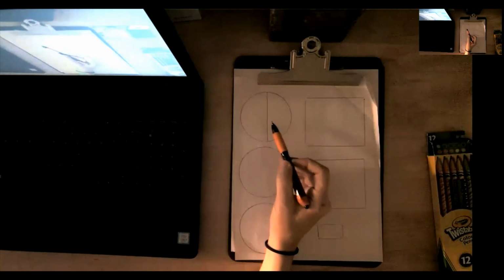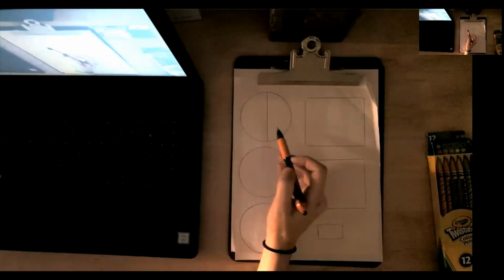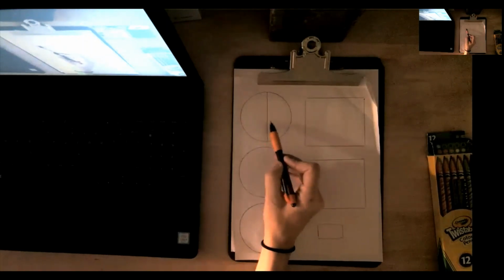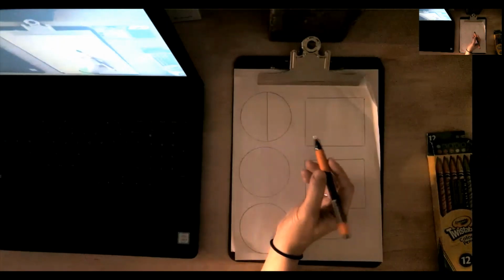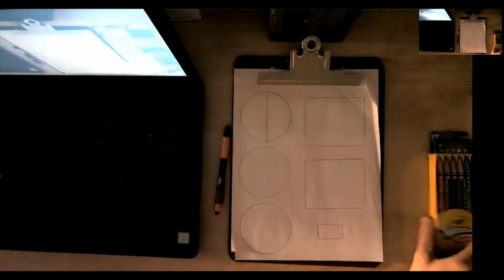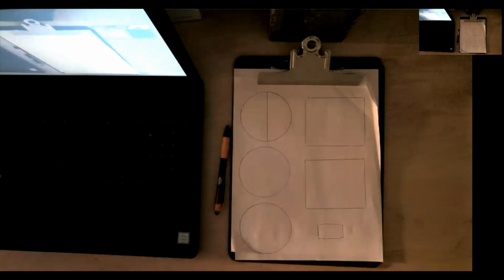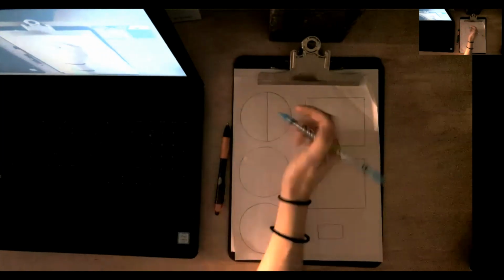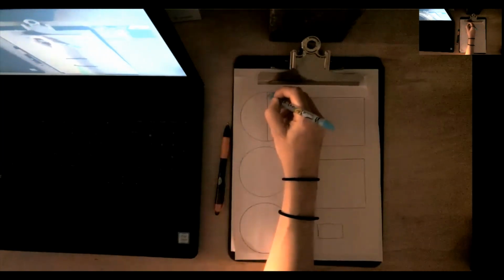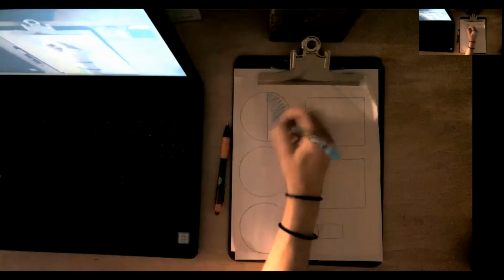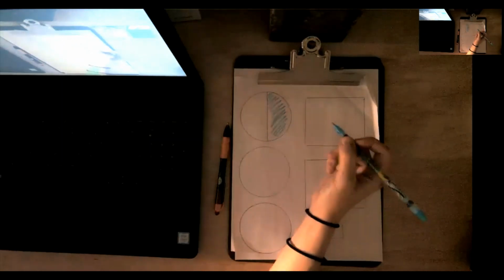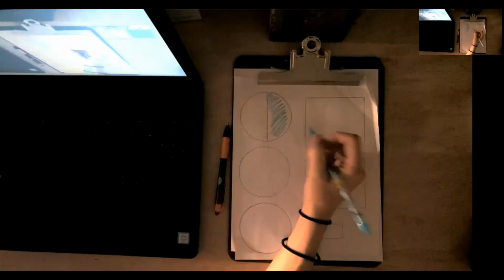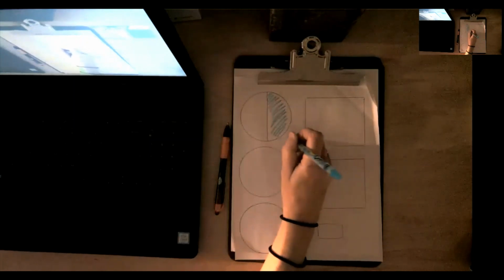Now, because I am not perfect, and that's okay, I'm going to do the best I can to get them as equal as possible. So that's 1/2. Then take a crayon, a marker, or colored pencil, and color in 1/2. So I'm going to pick this half. It doesn't matter what color. And then I want you to write the fraction of what you colored in.